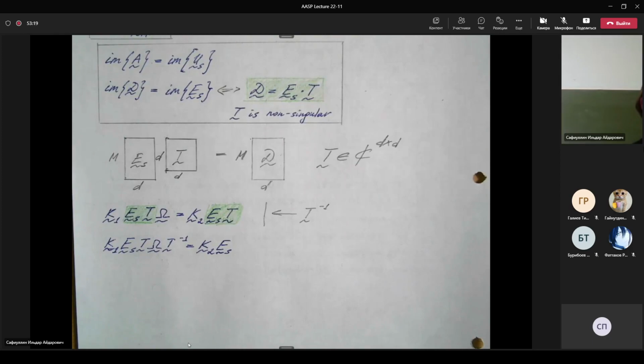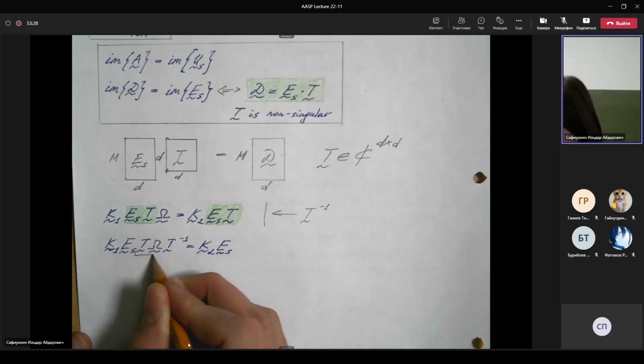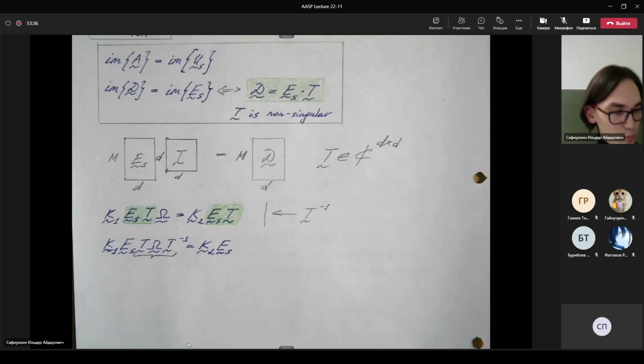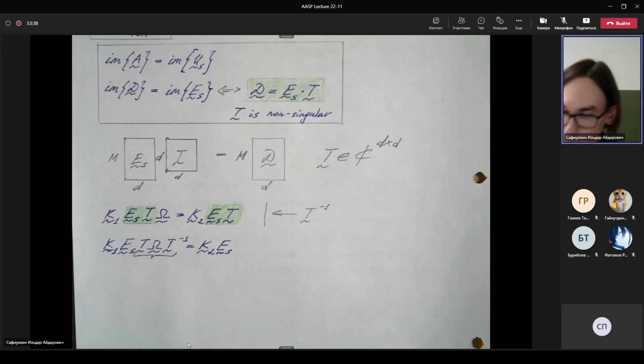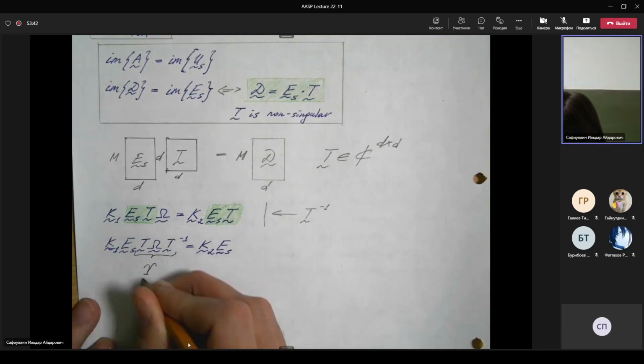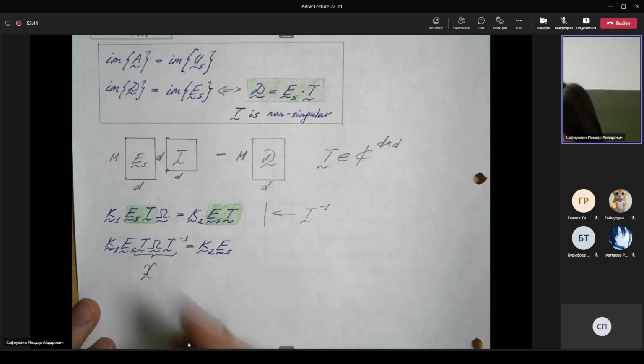And then we say that this multiplication of T times omega times T inverse, we will call matrix epsilon. We denote it as matrix epsilon.